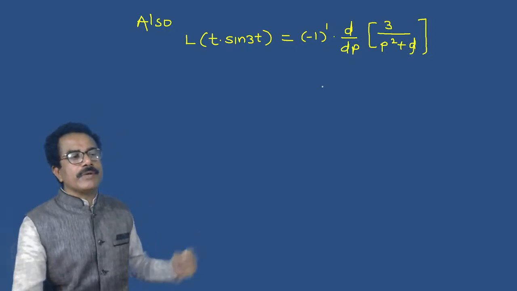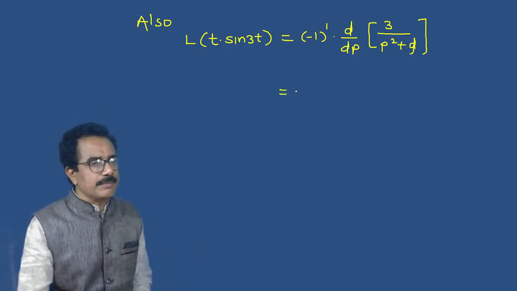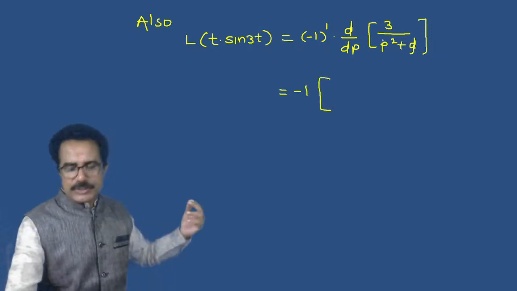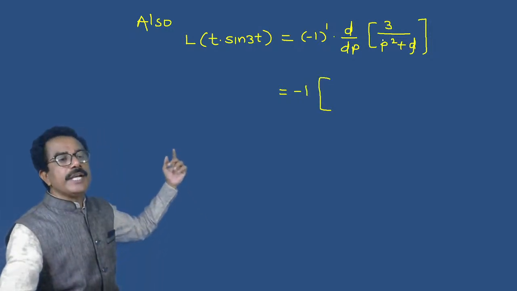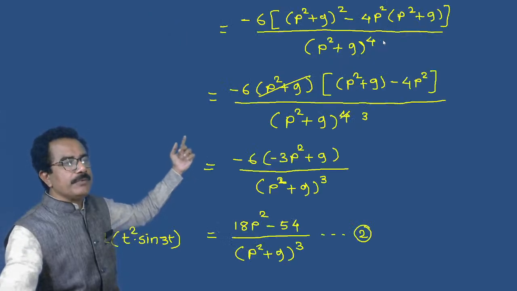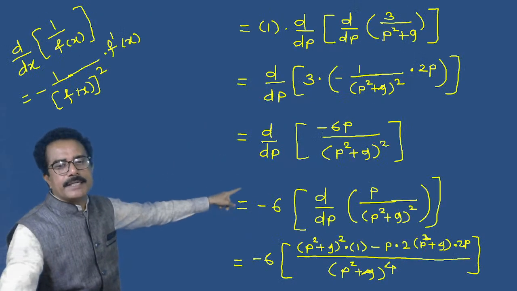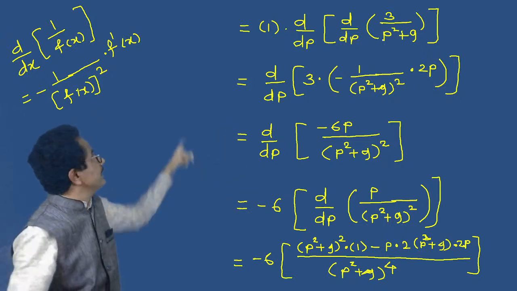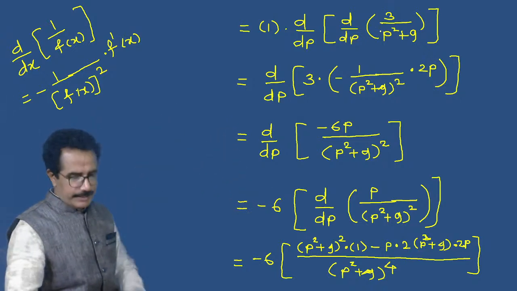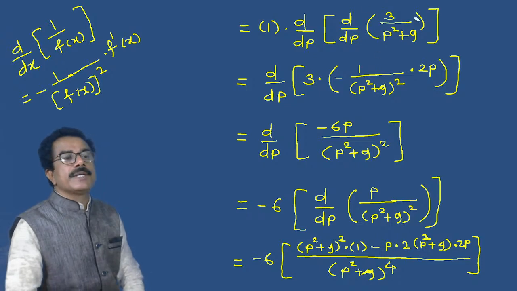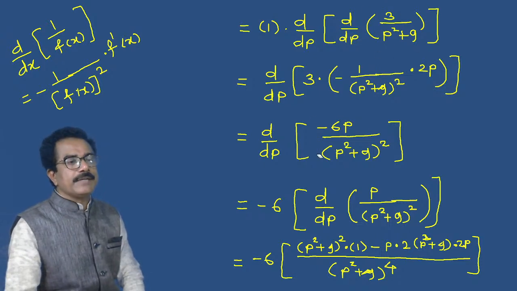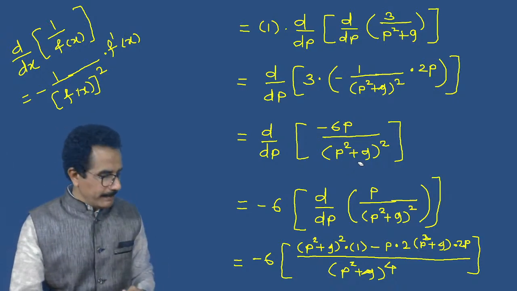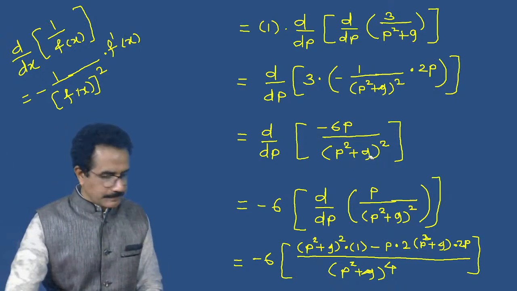But already we have calculated this: minus 1 into the first order derivative of 3 divided by p square plus 9. We have already calculated it, and its value is, in this bracket, the first order derivative already calculated, that will be minus 6 divided by (p square plus 9) bracket square.